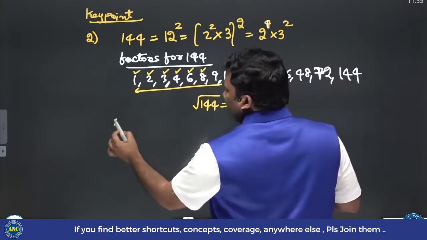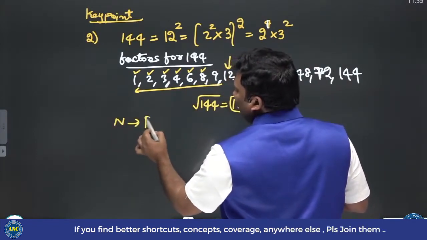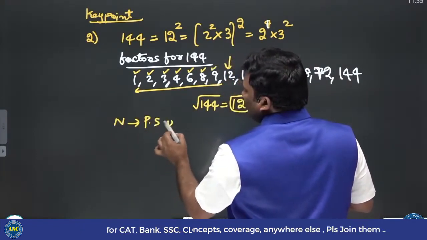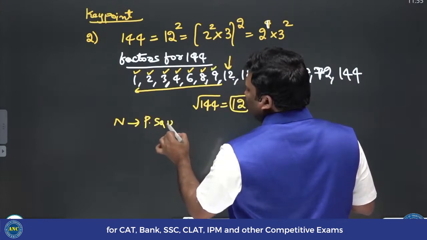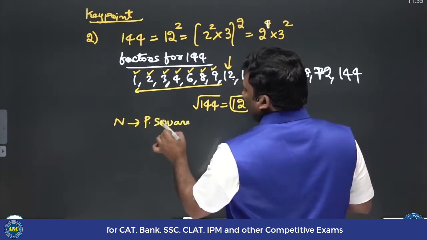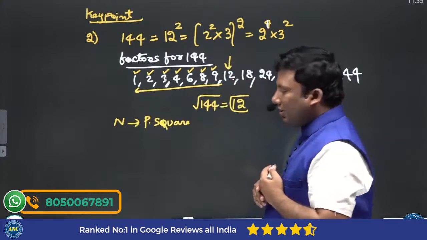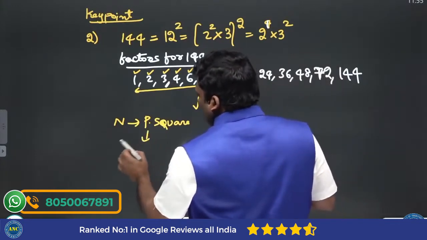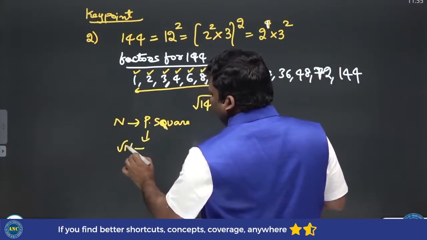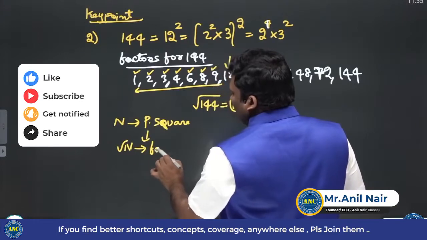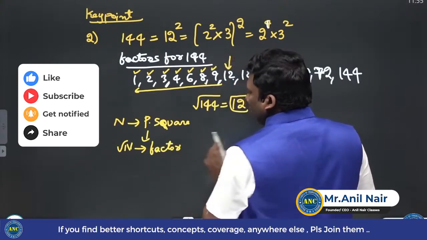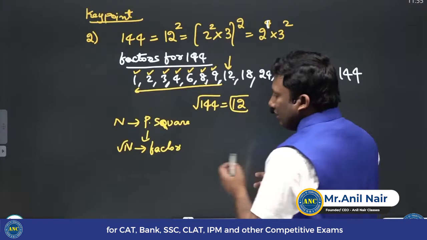That means if n is a perfect square, root n will be a factor. I hope it is clear.